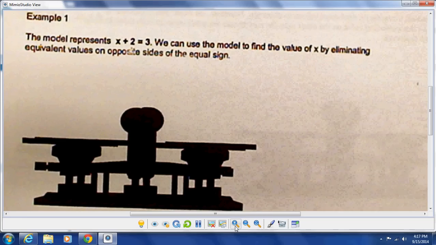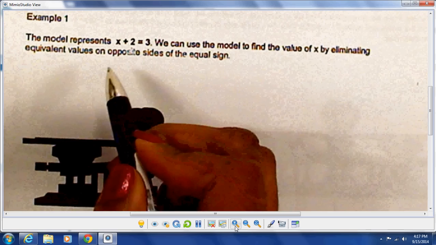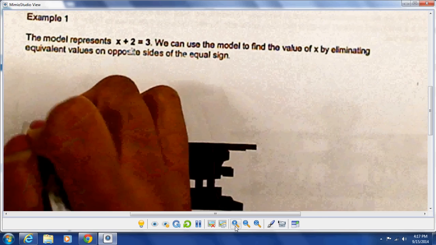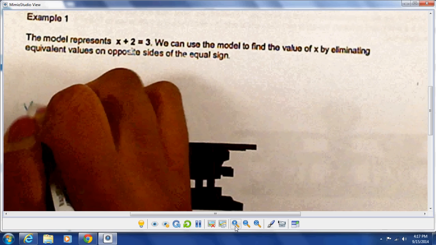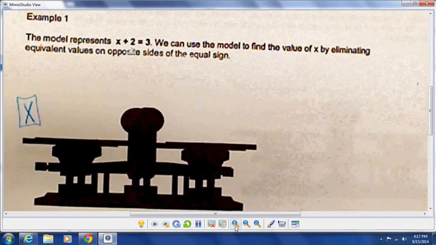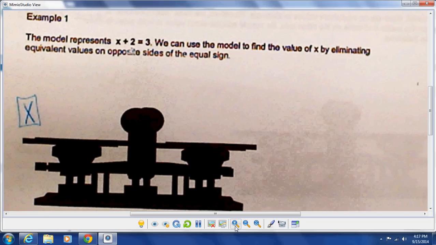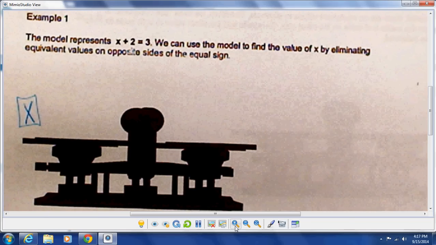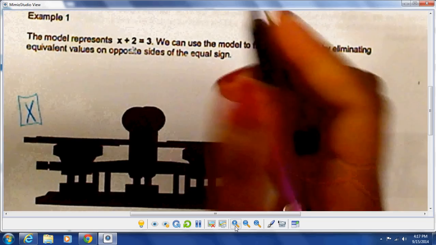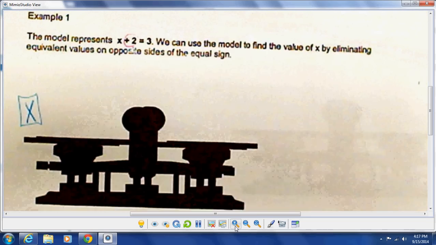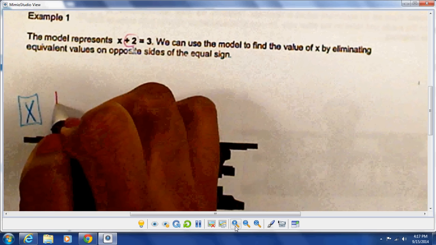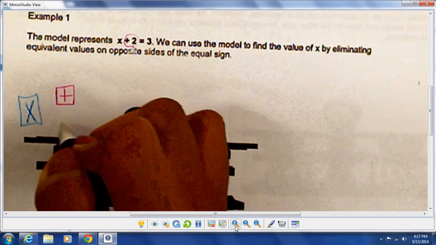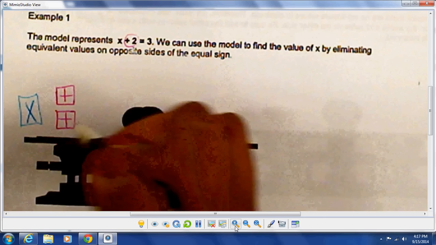So I'm going to do all of my variables in blue. Since I only have one x, I'm just going to put an x over here. And since I have two positives here, I'm going to put two squares with positive signs in each.